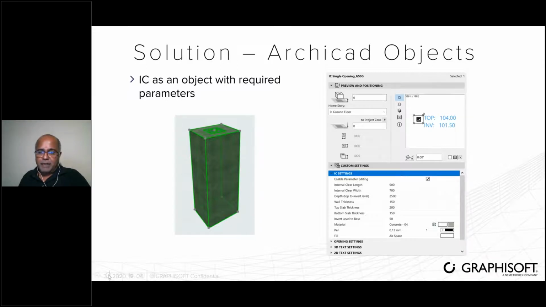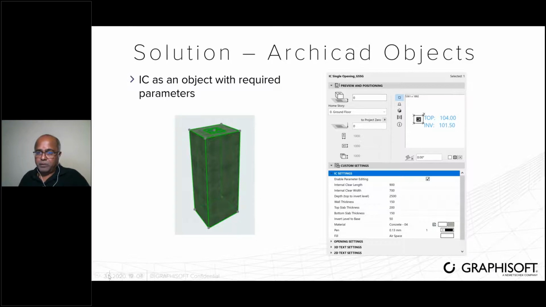We have created an IC object, and this IC object is available for SSA customers in Singapore, right? And Malaysia, we have this. Basically, this object comes with all the necessary parameters. What is the top level? What is the invert level? What is the size of it? Is it a 2-opening one or a single-opening one? All this information is there. On top of it, it also has the 2D annotation information.